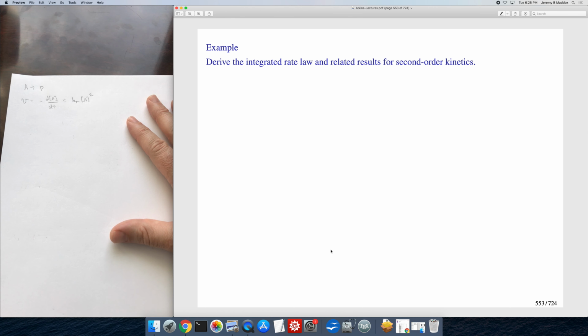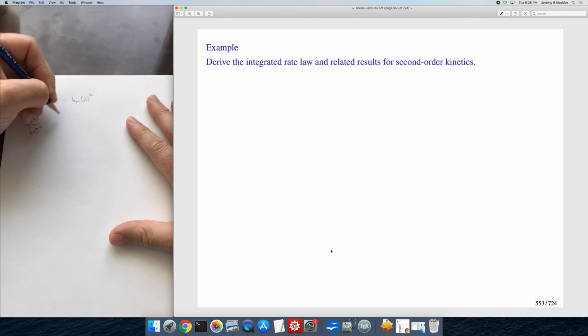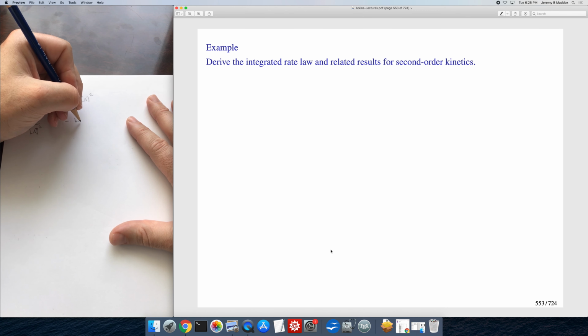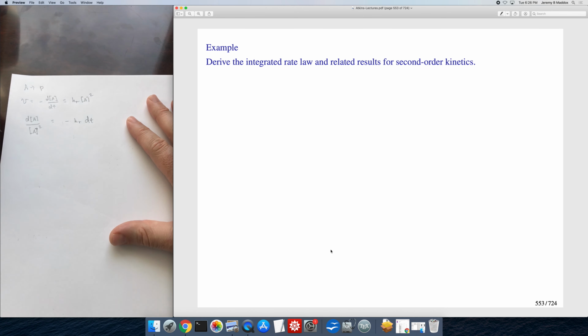So a different differential equation that will have a different solution. Same approach. Put all of the parts that depend upon A on one side of the equation, and the parts that depend upon time on the other. Then we're going to integrate both sides.